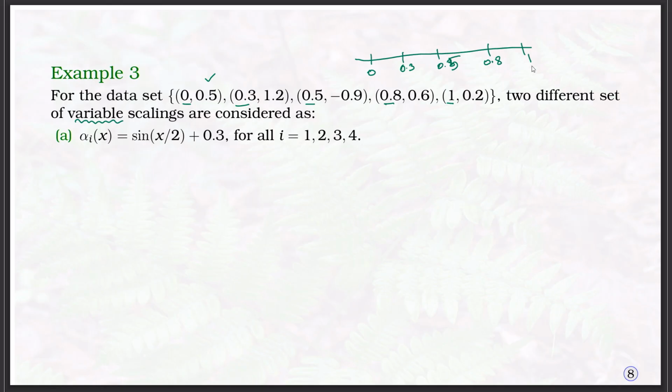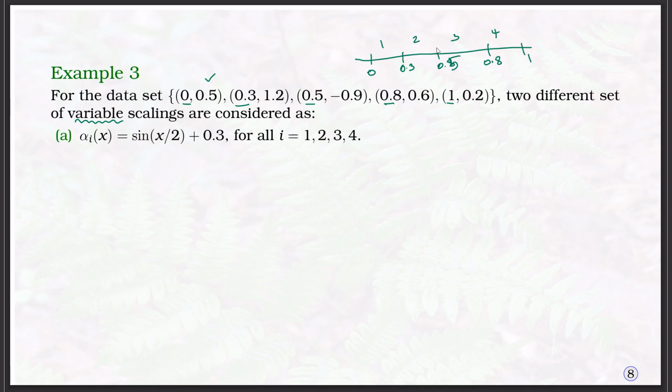That means x_i is less than x_{i+1}, whereas the distance between x_{i+1} and x_i is not equal. Then here we have 1, 2, 3, 4 subintervals.